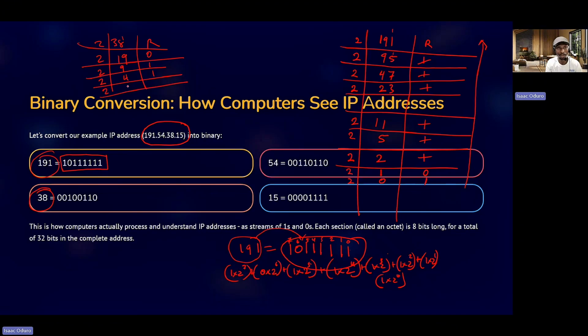Now 2 goes into 4 would be what? 2, remainder 0.